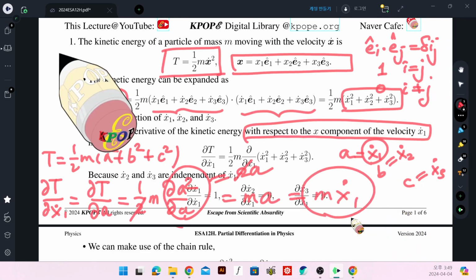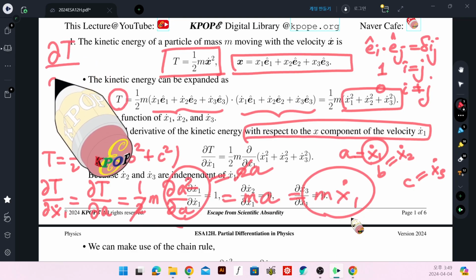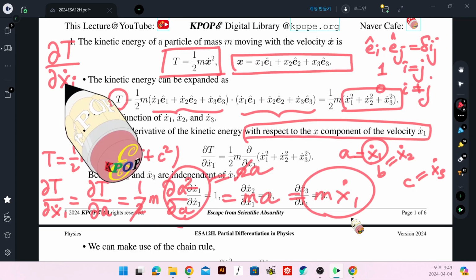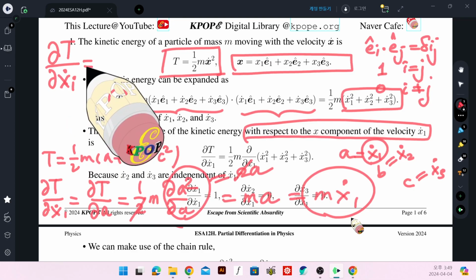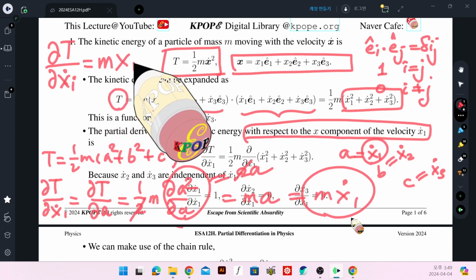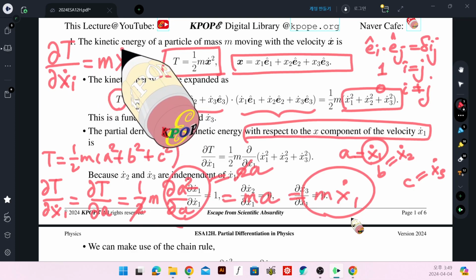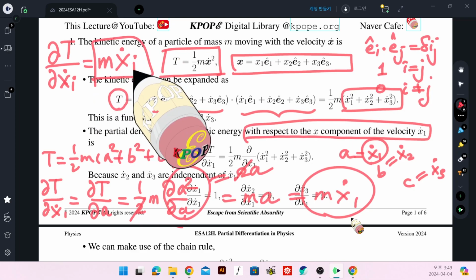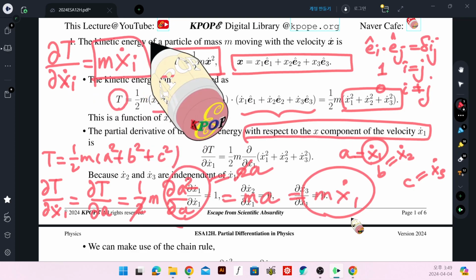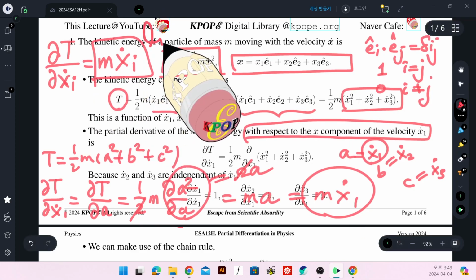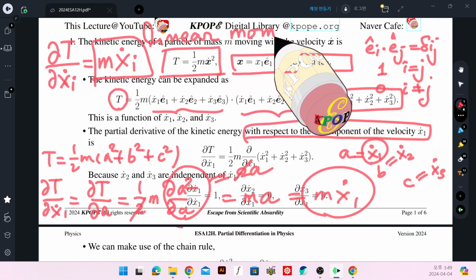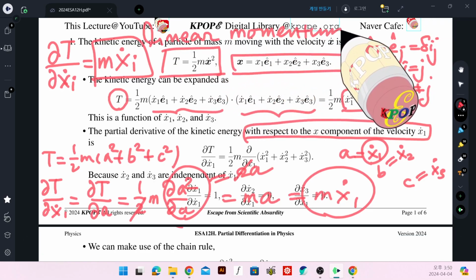In a similar manner, the partial derivative of the kinetic energy with respect to the ith component of the velocity is mass times the ith component of the velocity. We call this one, mass times velocity, the linear momentum of the particle.